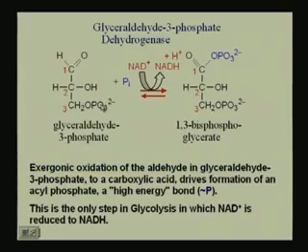Now, in this case what happens, this is the only step in glycolysis where NAD plus is actually reduced to NADH. This step uses glyceraldehyde 3-phosphate dehydrogenase, because you have this hydrogen being removed from the aldehyde group and you have a phosphate introduced by the Pi that comes in as a factor to form 1,3-bisphosphoglycerate.